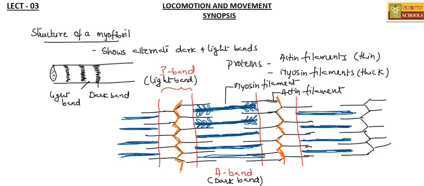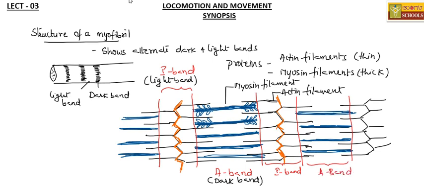Again, if you come over here, this is also an I band. This I band is the light band. From this point to this point will again be the A band.